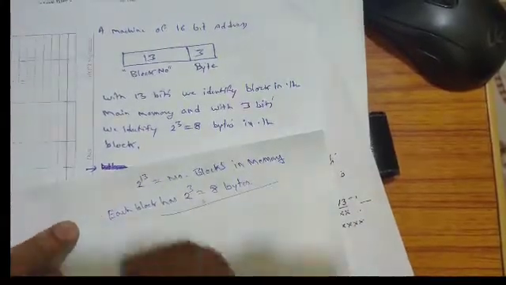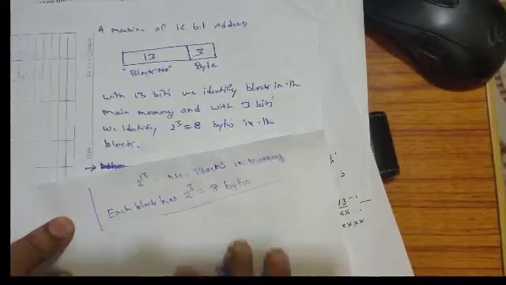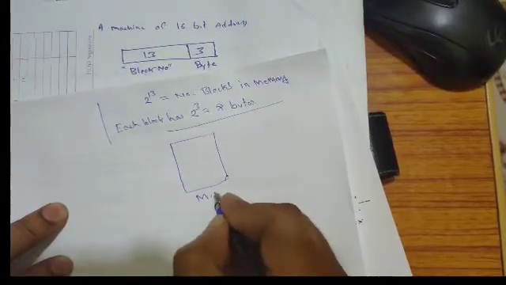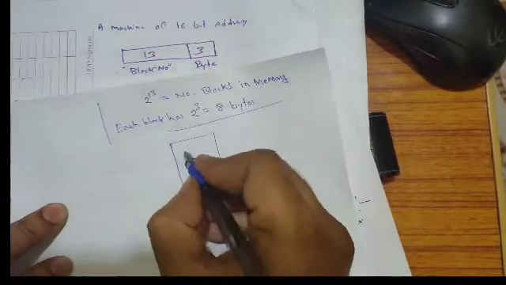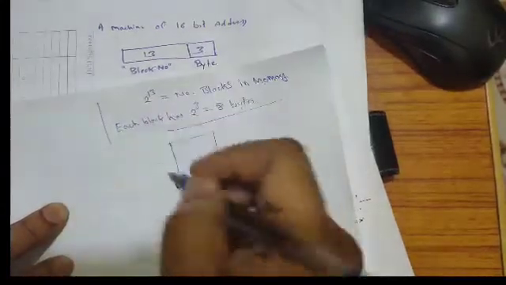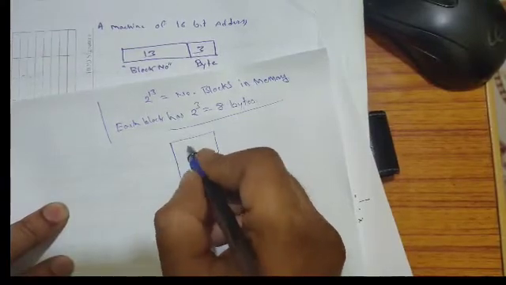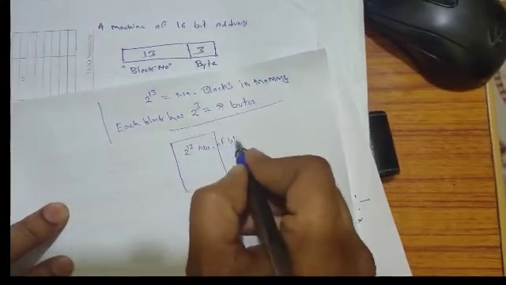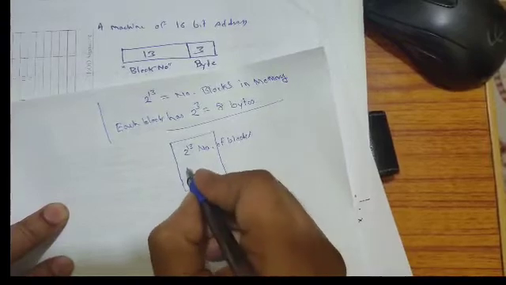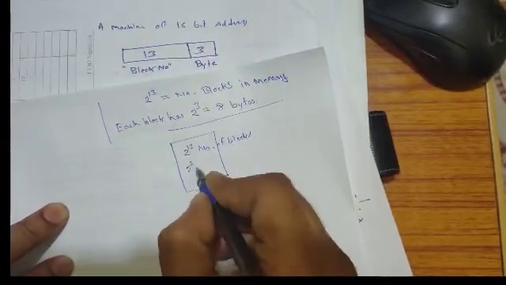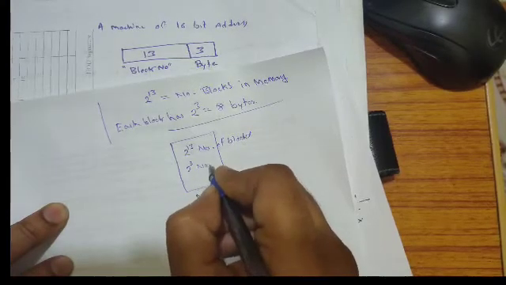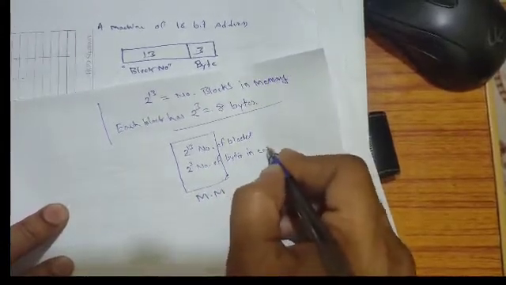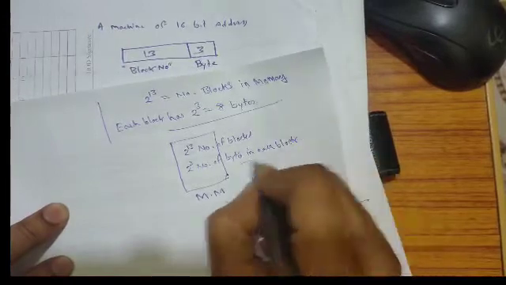So the main memory has a total of 2 to the power 16 bytes: 2 to the power 13 blocks, and 2 to the power 3 bytes in each block.